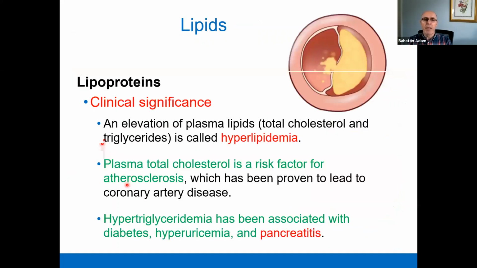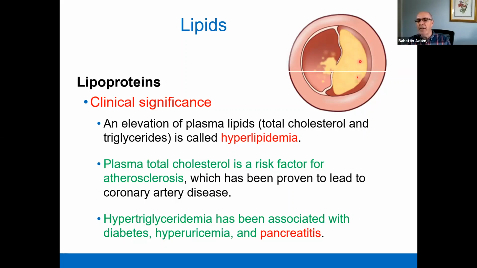Elevation of plasma lipid is called hyperlipidemia, and plasma total cholesterol is a risk factor for atherosclerosis. Hypertriglyceridemia has been associated with pancreatitis. As you see inside the vessel, this is how atherosclerosis is developed.